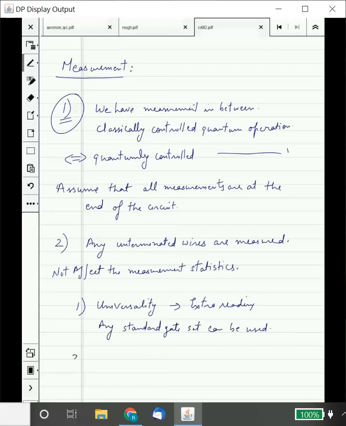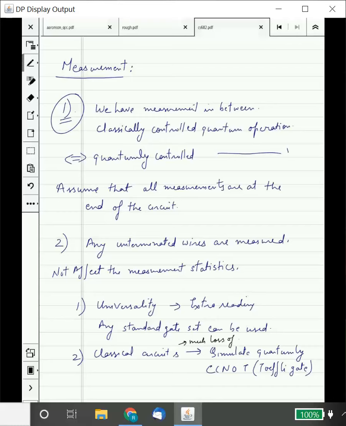Second thing is, what about classical circuits? It turns out that we can simulate classical circuits quantumly by using Toffoli gates, which are also called CC0. This shows that the power of a quantum circuit is more than a classical circuit, because any classical circuit can be simulated by a quantum circuit without much loss of number of gates.